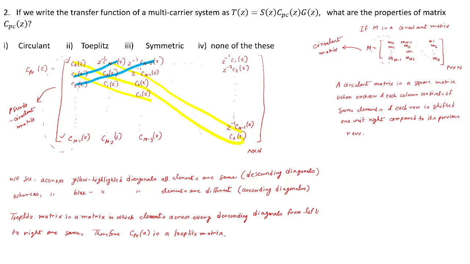It's noteworthy to mention that if you see the circulant matrix here, does the circulant matrix satisfy the Toeplitz property? You can say it does actually.